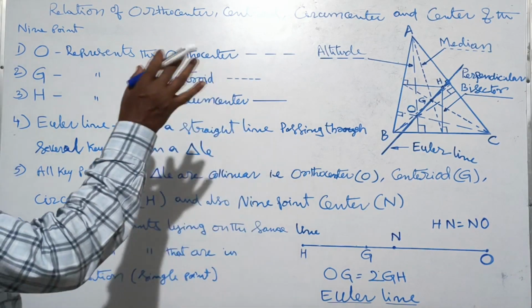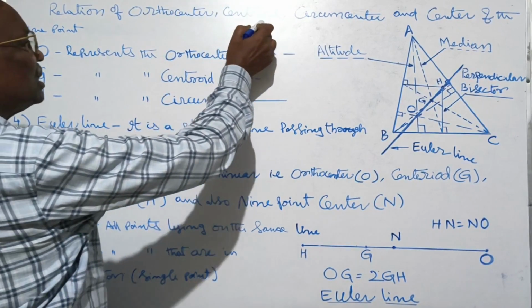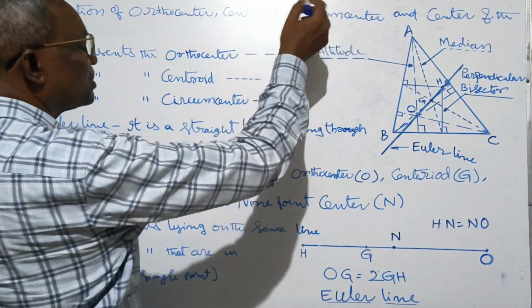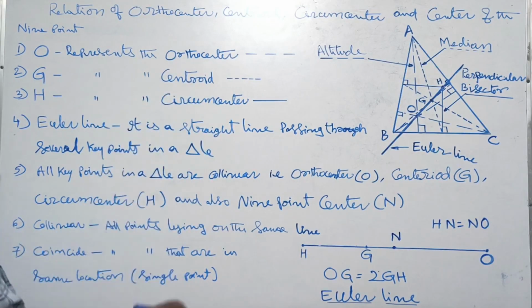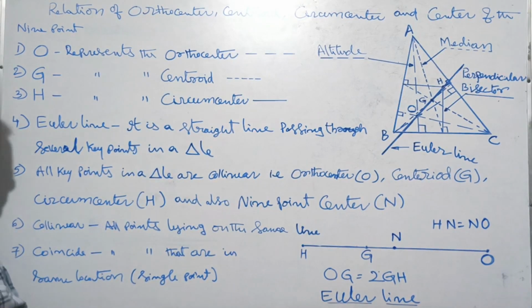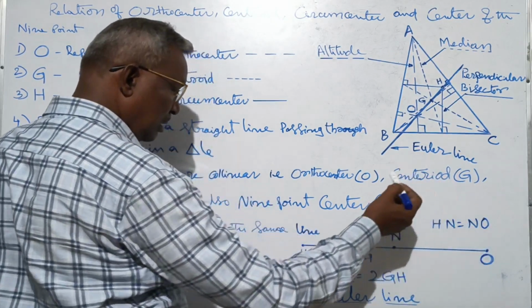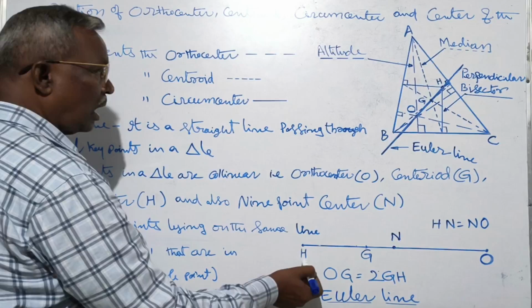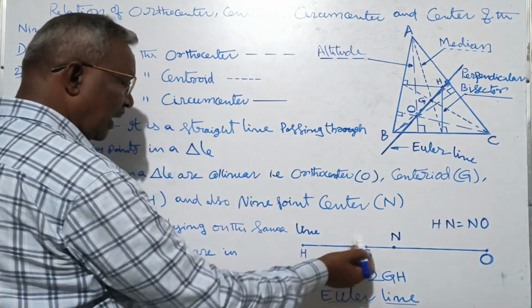In an equilateral triangle, orthocenter, centroid, incenter, circumcenter, all coincide.